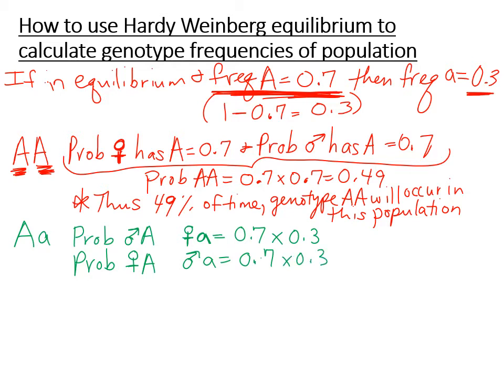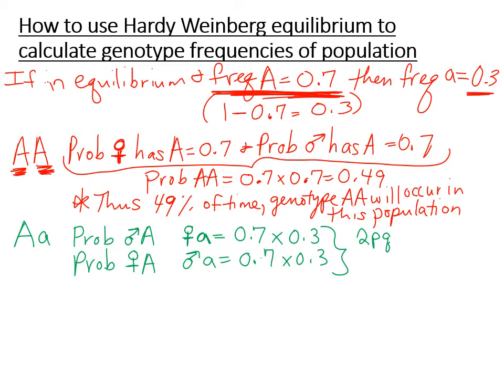And that's why in the equation that we saw earlier, it's the same as saying 2pq, 2 times the dominant allele, times the recessive allele, okay? So 2 times the dominant, which is 0.7, times the recessive, which is 0.3, okay?